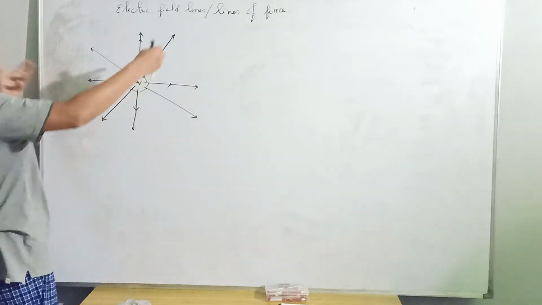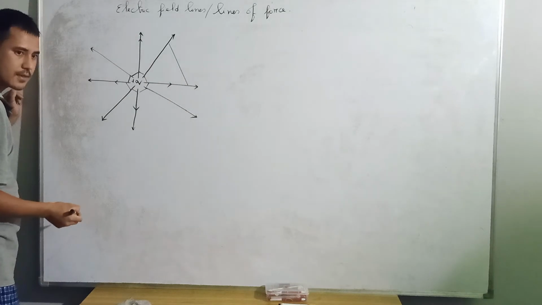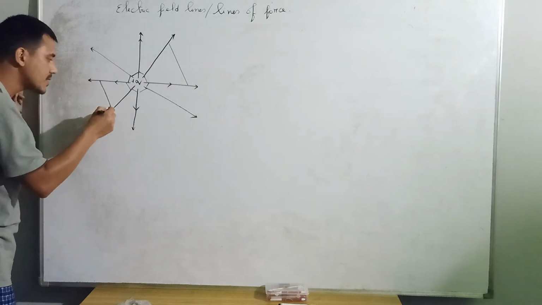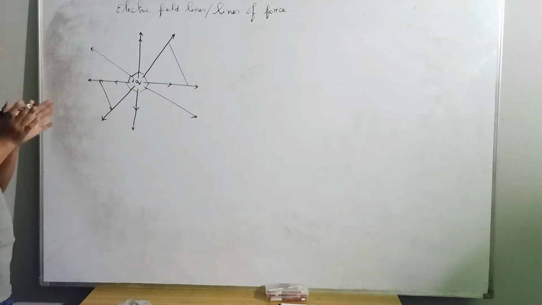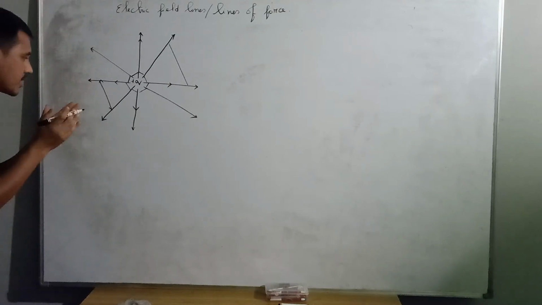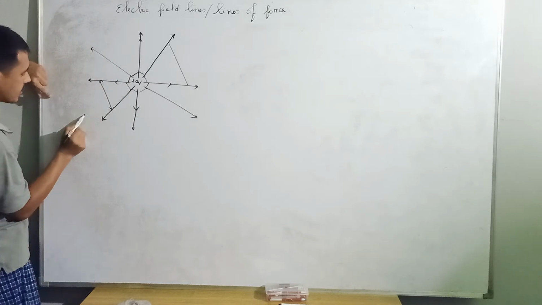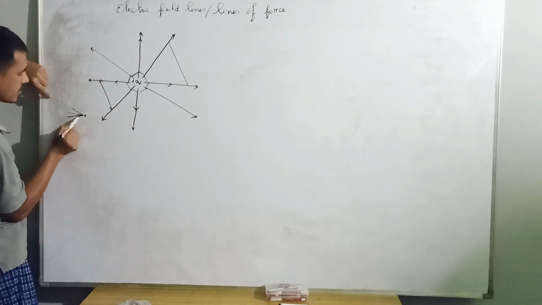And as you move away from the charge, distance between the line increases. Distance between these field lines are increasing. So as the distance between the lines are increasing, density of the lines decreases. Now, closer to the charge, the lines are very close to each other.